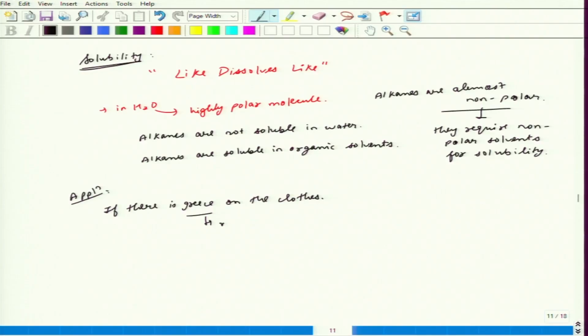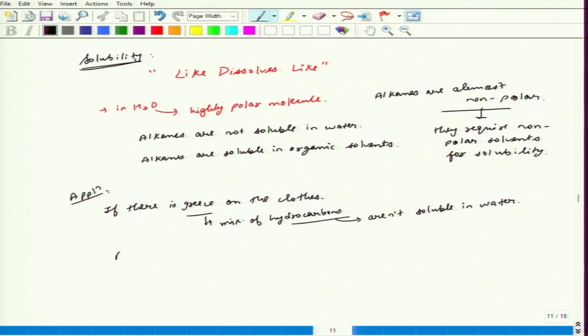Why is that so? Because grease is a mixture of hydrocarbons, and hydrocarbons are not soluble in water. So if we try washing the clothes with just water, it is not going to remove the grease.